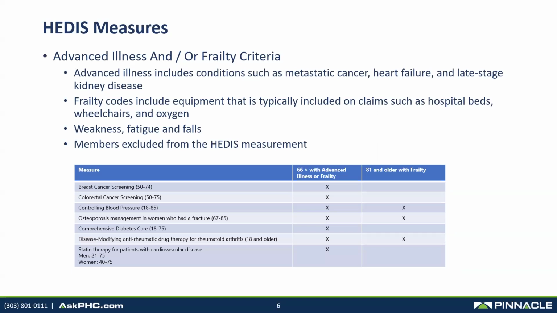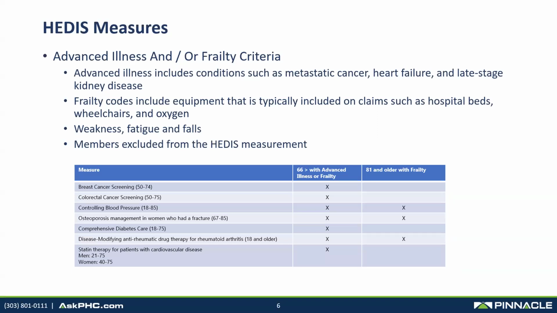Colorectal screenings are for patients 50 to 75. Controlling blood pressure, again, is 18 to 85. Osteoporosis management in women who had a fracture is only captured between ages 67 and 85. Our comprehensive diabetes care is age group 18 to 75.